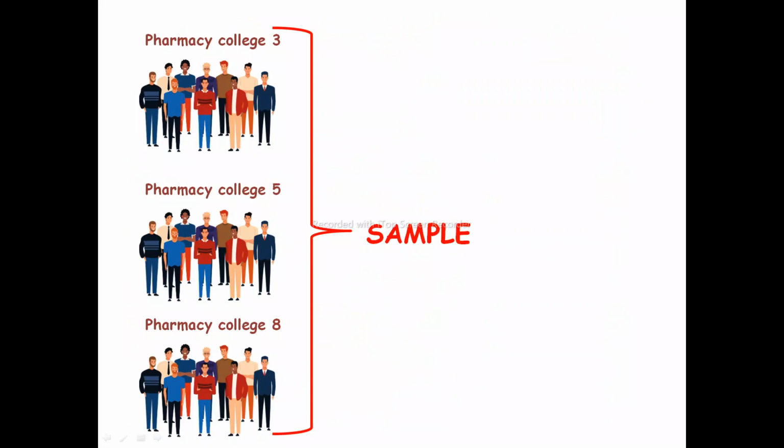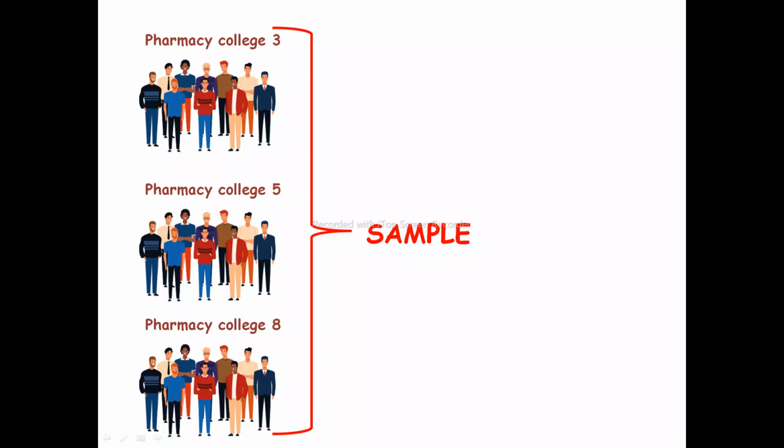After getting the sample, the third step is that I need to survey each pharmacy teacher from these 3 colleges. Within one college, each pharmacy teacher I need to survey, to collect my data.